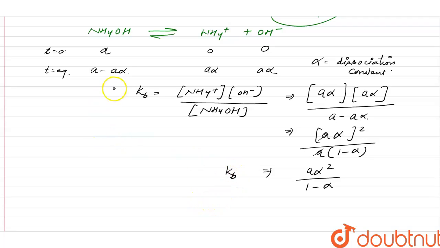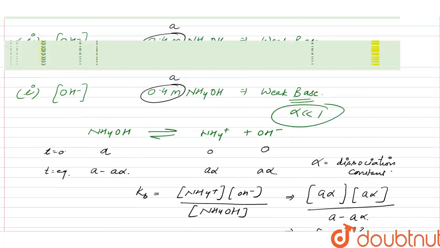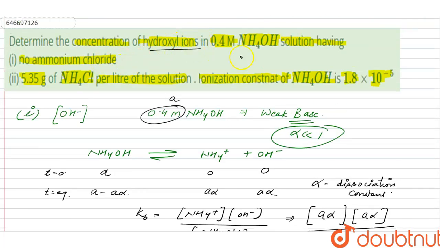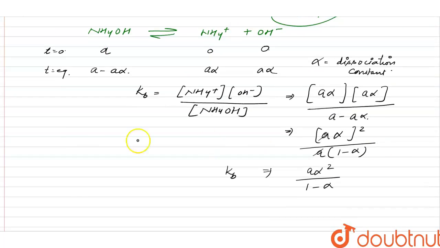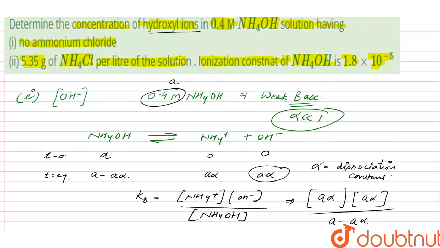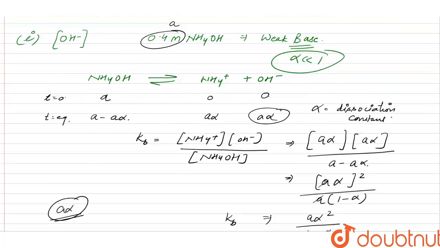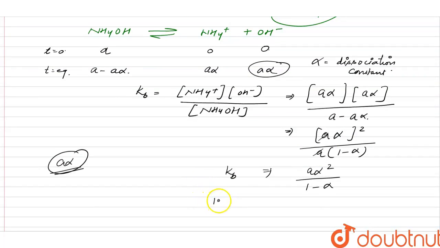Now, in the first case, we have to calculate the concentration of hydroxyl ions in the absence of ammonium chloride. Here the concentration of OH minus is A alpha. We are given Kb equals 1.8 into 10 to the power minus 5, which equals A alpha square upon 1 minus alpha.